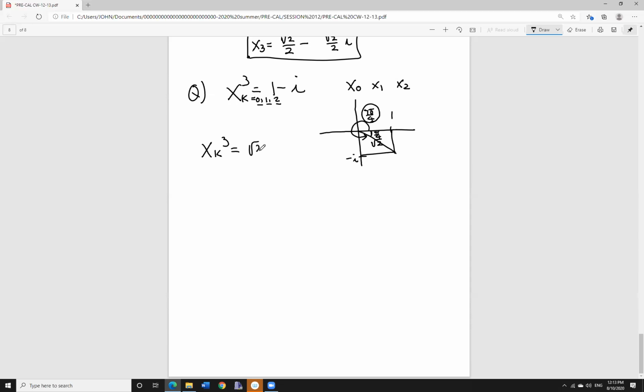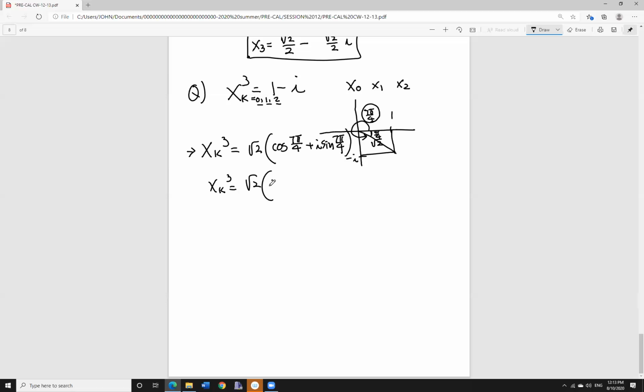root 2 cosine 7 pi over 4 plus i sine 7 pi over 4. Is it okay? But when you have this, just quickly change it into the general angle. Actually, you don't need this one if you know the general angle, so just write it down over here.